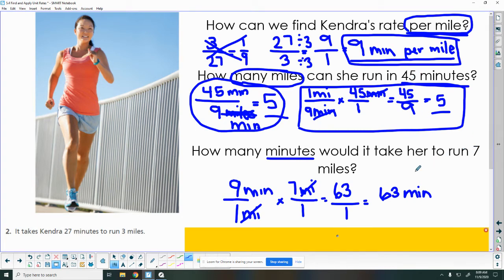This one, she was doing the same thing over and over again, and it wanted to know how many minutes. Well, I know it's going to take her longer than 9 minutes to run 7 miles, so we know we needed to multiply here. So you can decide which strategy you like, but do know this is what we're doing: we're setting up these rates and these ratios to say the same thing is happening over and over again.